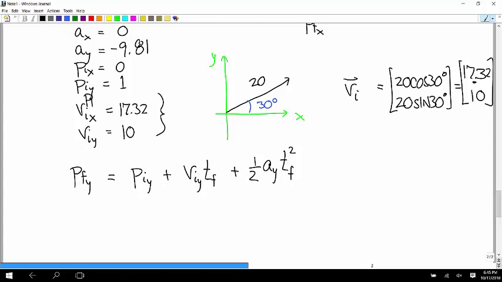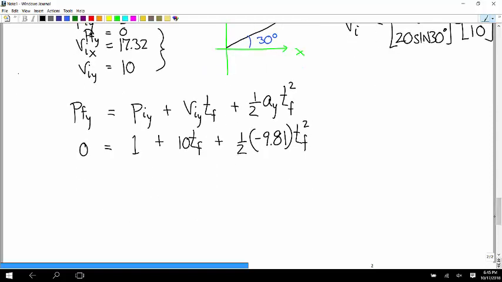We know PFY is 0 when it hits the ground. So 0 is equal to 1 plus 10 TF plus 1/2 of negative 9.81 times TF squared. How do we solve this? Yeah, quadratic.